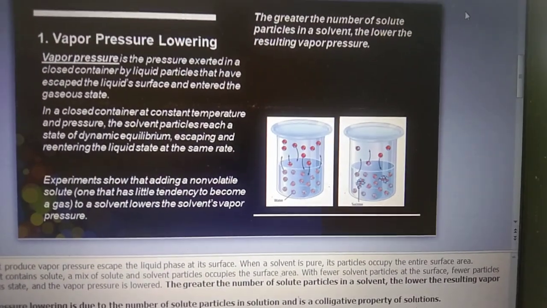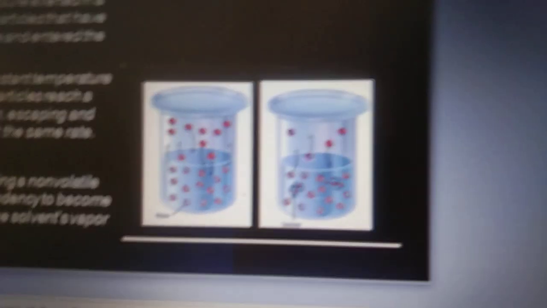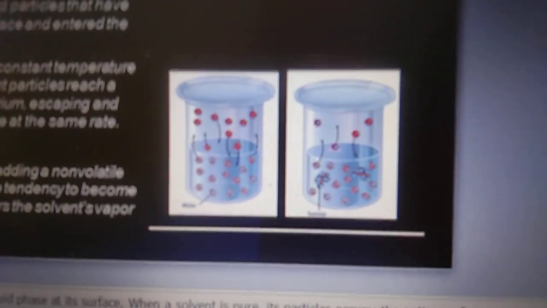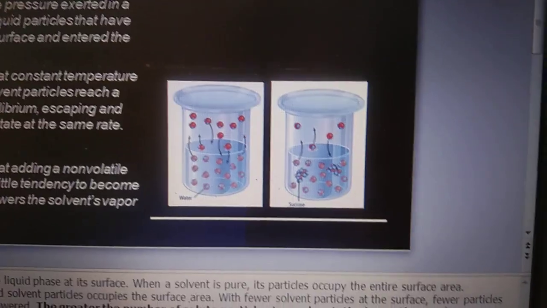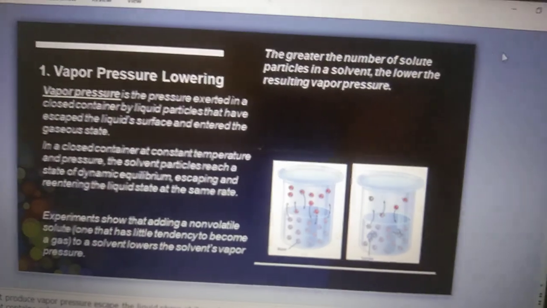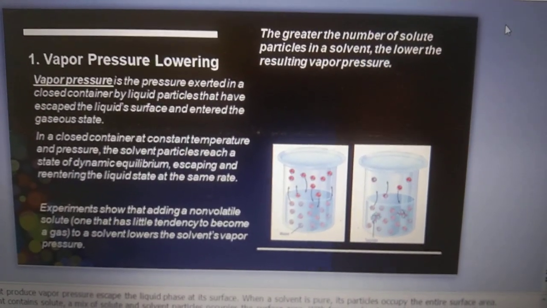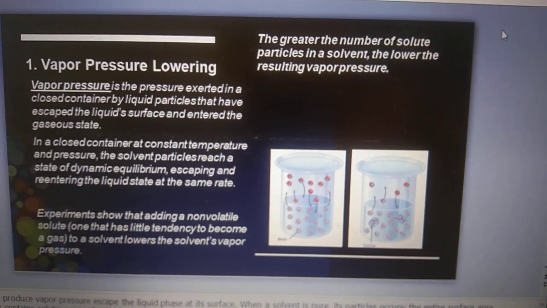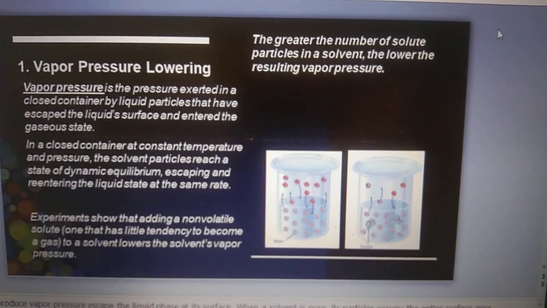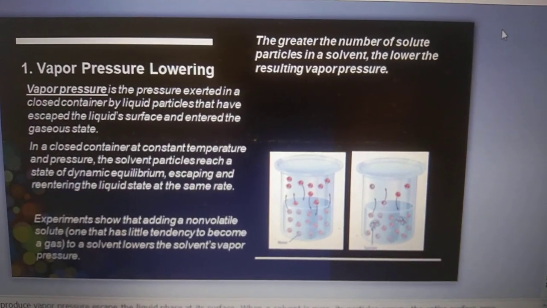If you look at the picture, that's how it looks. That is on the vaporized state of the substance. The greater the number of solute particles in a solvent, the lower the resulting vapor pressure.